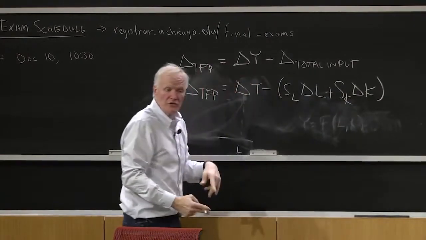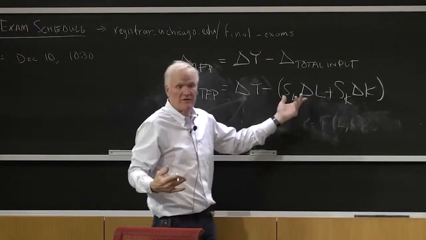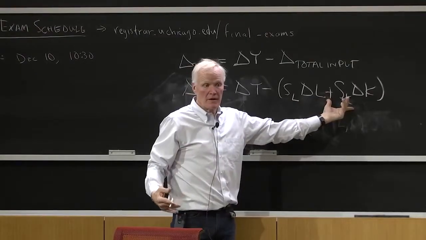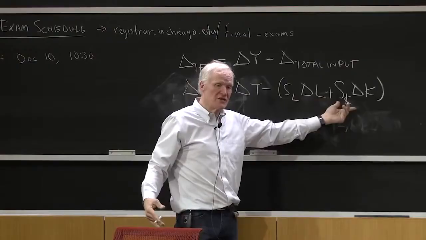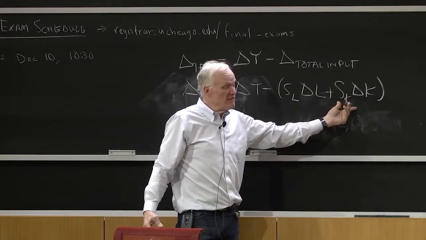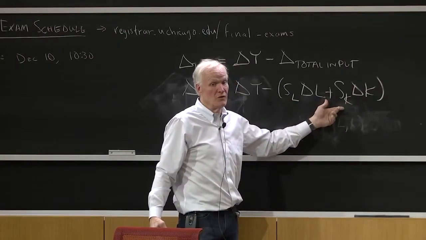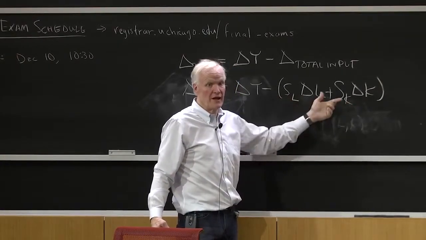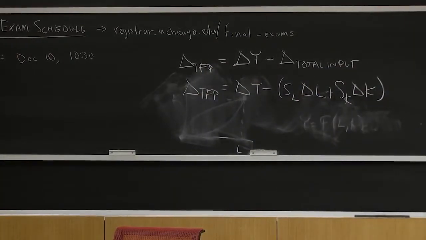All we need is labor and capital being paid their marginal products, and that will give you this relationship. Well, this is the share of value of output paid to labor. This is the share of value of output paid to capital. Now, if you didn't have constant returns to scale, those two numbers wouldn't add up to 1. That's the only difference. With constant returns to scale, they'll add up to 1, but this formula would work even without constant returns to scale.